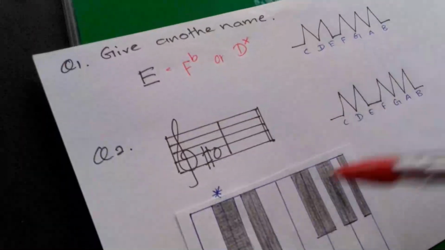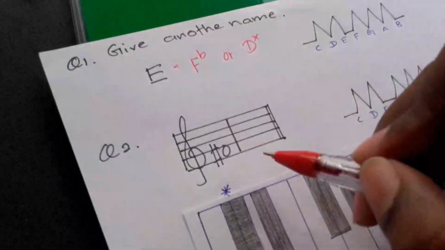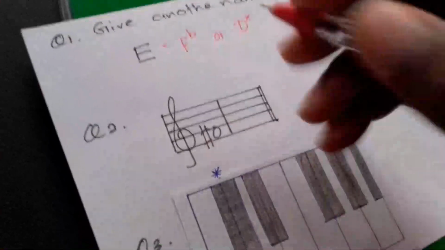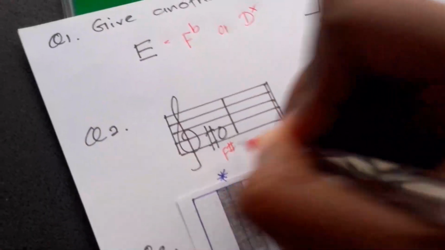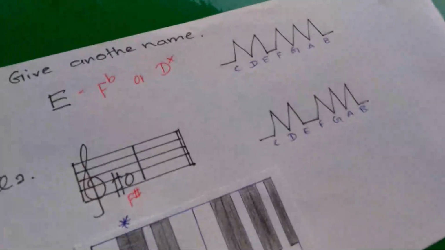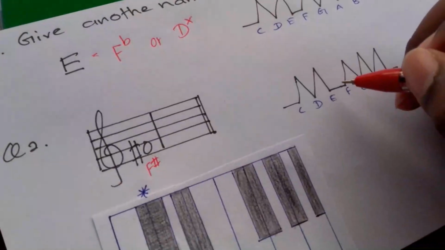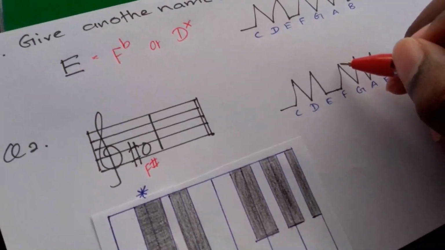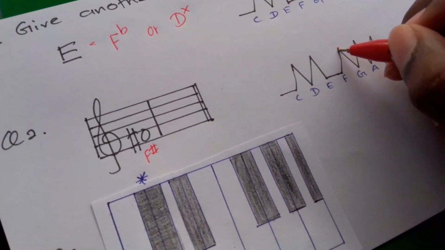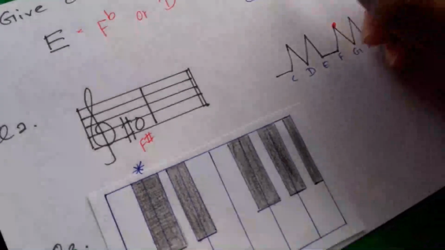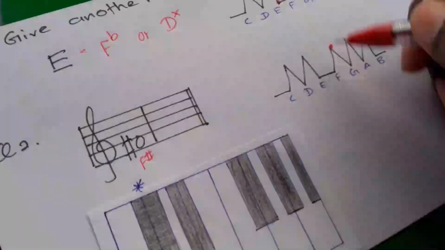Okay, next we are going to see how we can write the notes on the stave. This is F sharp. They have given you F sharp. So how can you find the enharmonic equivalent of F sharp? Jot down where is F sharp on your keyboard. This is F sharp. How can you give another name for F sharp?